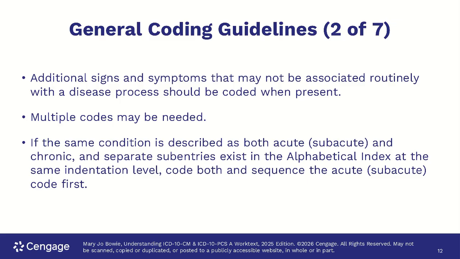One guideline that's called out here are situations when the patient has an acute and chronic form of a condition. If the alphabetical index provides you with a code for acute and a code for chronic, and both are documented, you can code them both, but the acute condition should be sequenced first because that's what's happening right now.